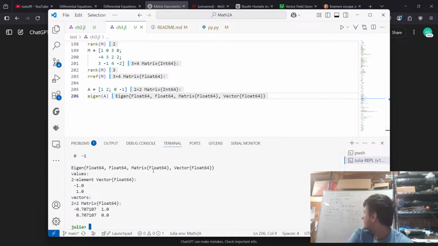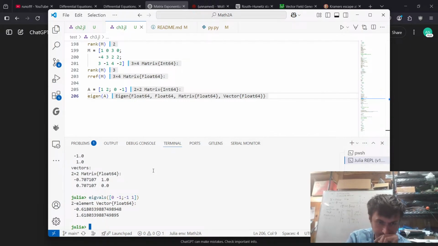Yeah, wait, let's look at the eigenvalues of 0, -1, -1, 1. So it is unstable.